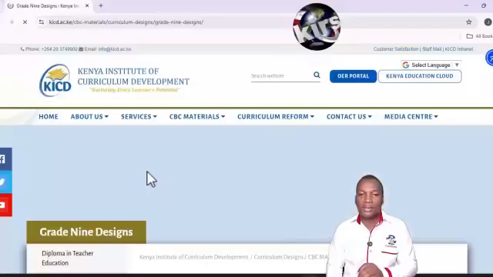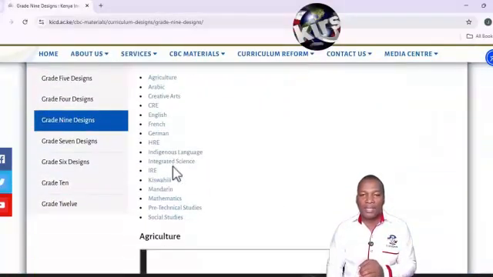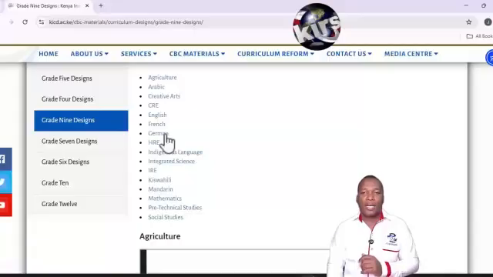I click on that, and because I'm illustrating with mathematics, for a parent, you are supposed to check all the subjects that your learner is doing. On grade 9 designs, I come to where mathematics is, in this column.